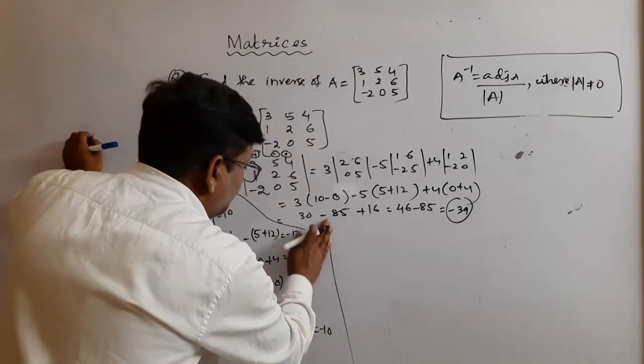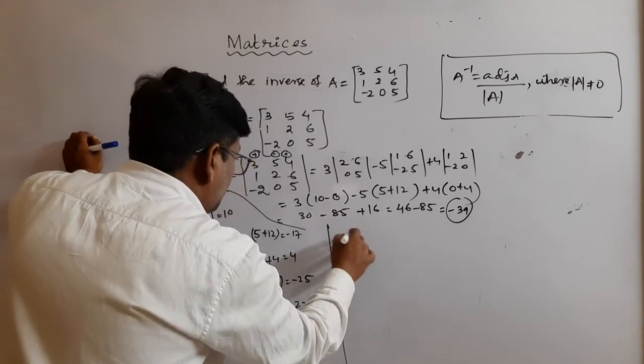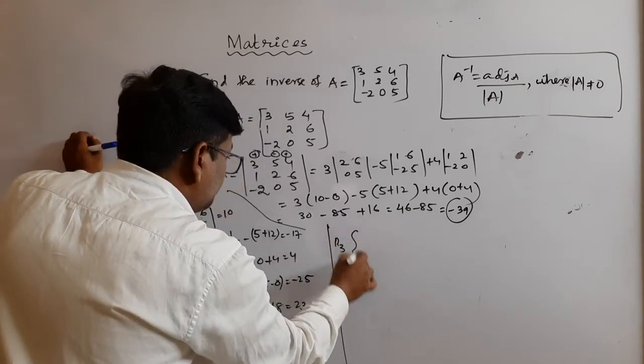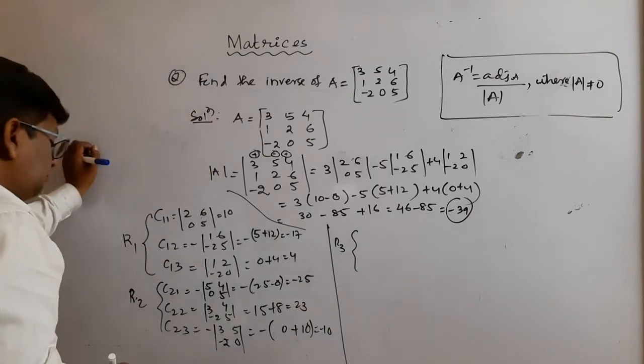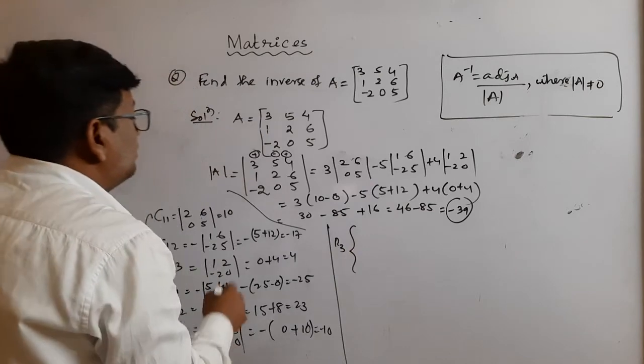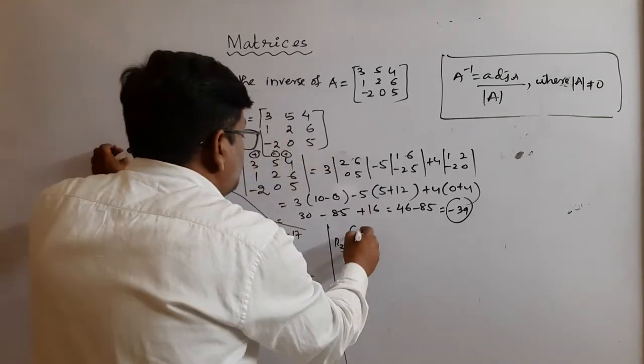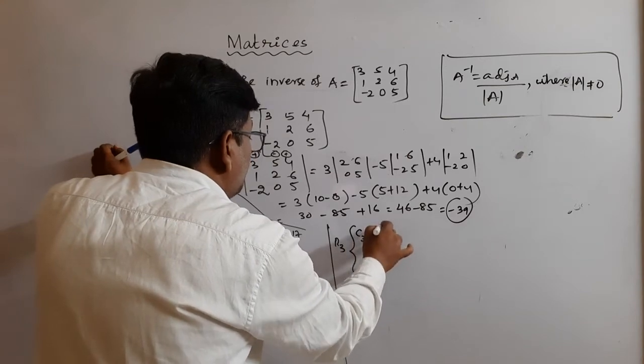Now for row 3. This cancels. C31 is even, so put the determinant symbol.